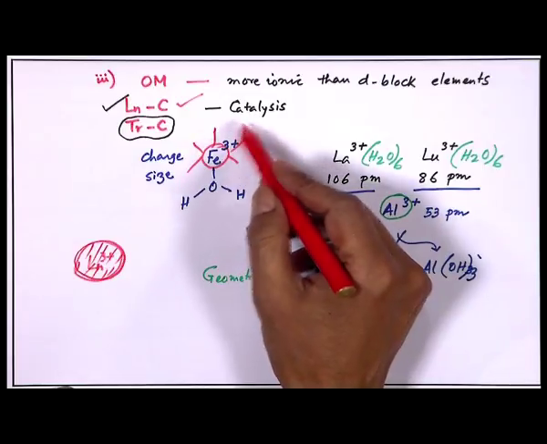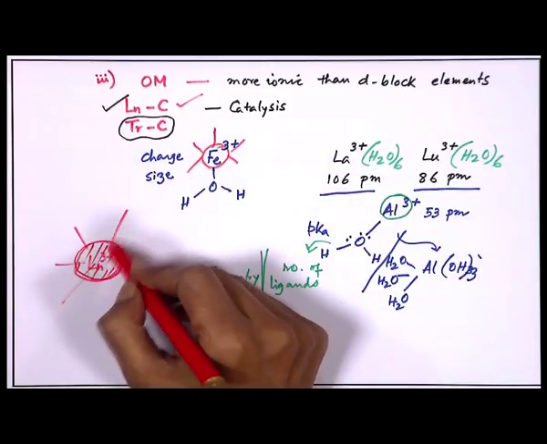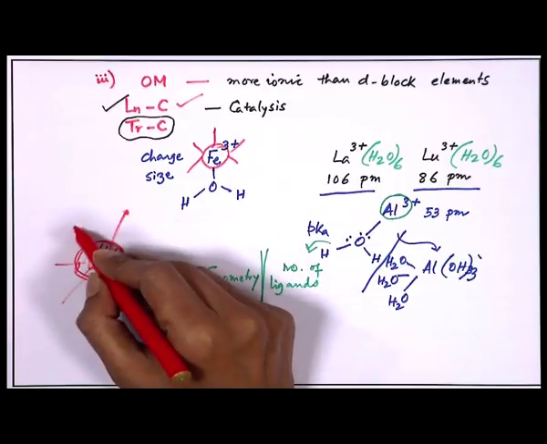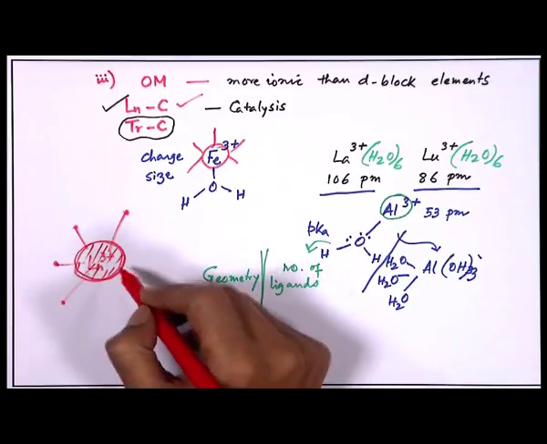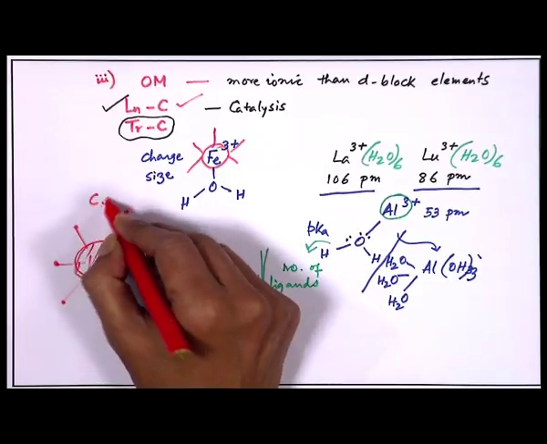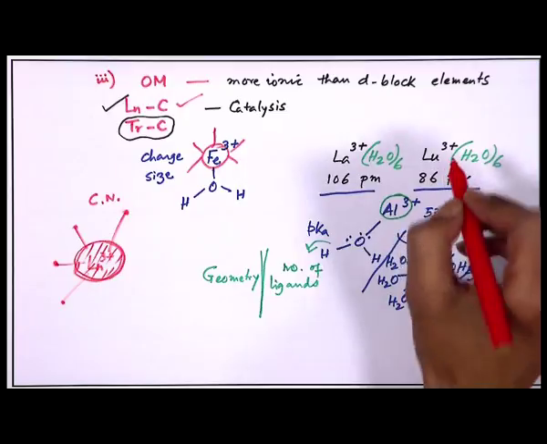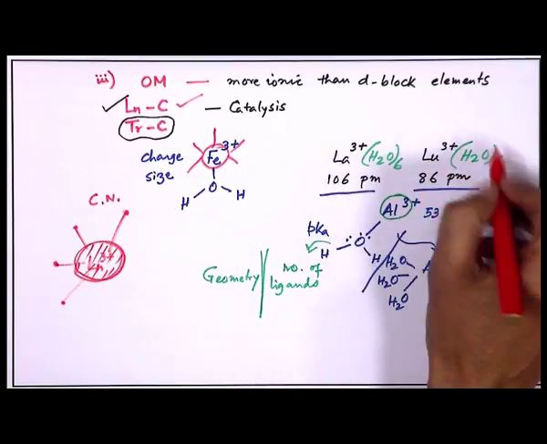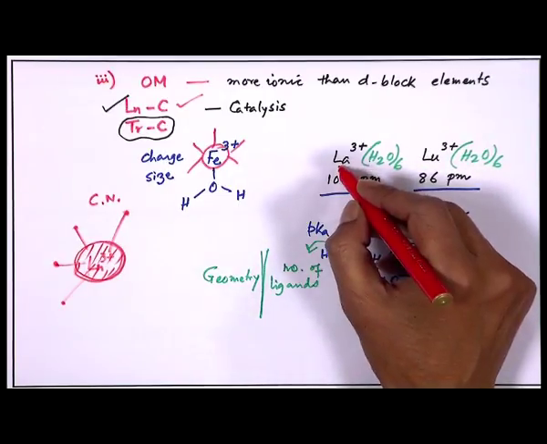You can go for another bond. This is some kind of pin cushion, and these are different pins. How many of these pins can we attach to that pin cushion? That tells you the coordination number of the central metal ion. In this case, the size is very different, almost double.